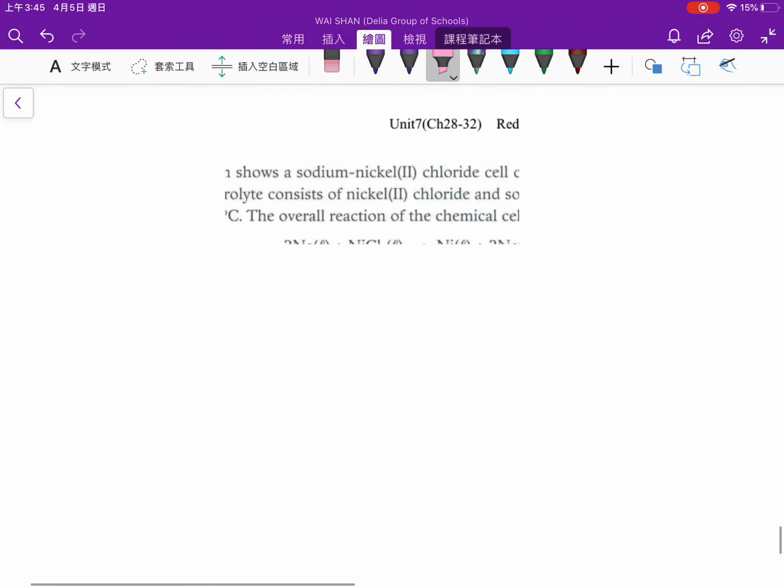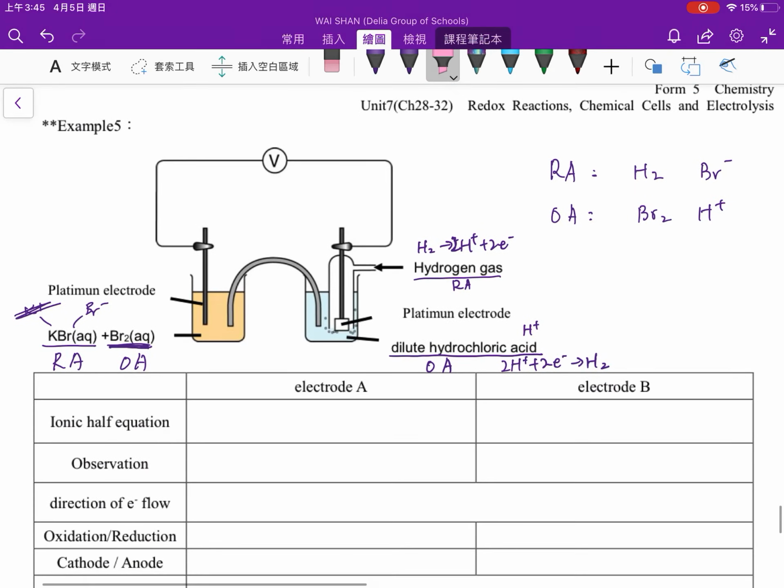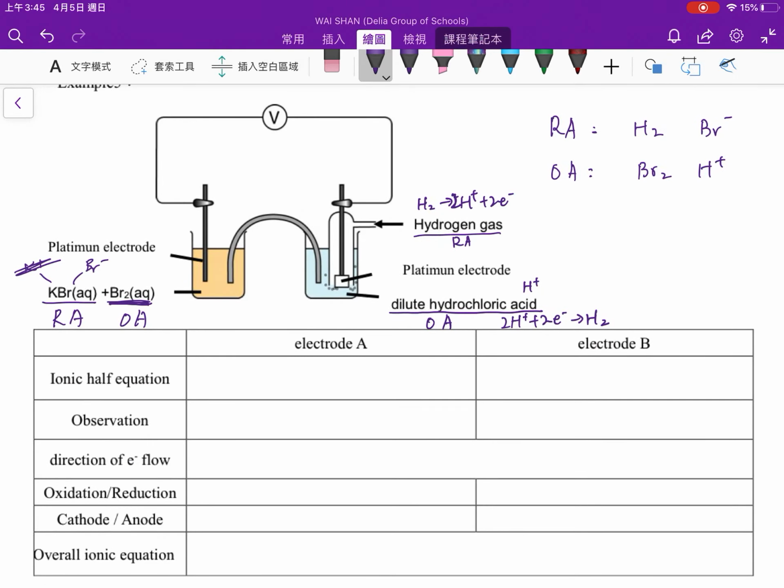Okay, now we go back to the question. Example 5 here. And for reducing agent, the higher one is stronger, right? So hydrogen gas is stronger. For oxidizing agent, the lower one is stronger. So bromine is stronger. So let's check oxidizing agent.